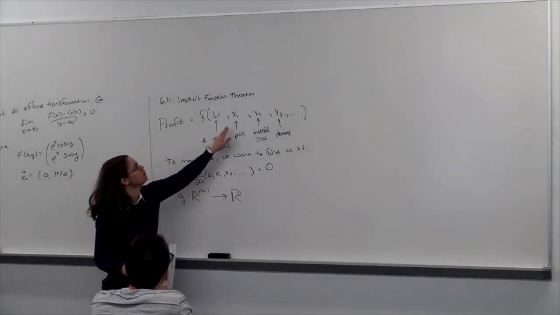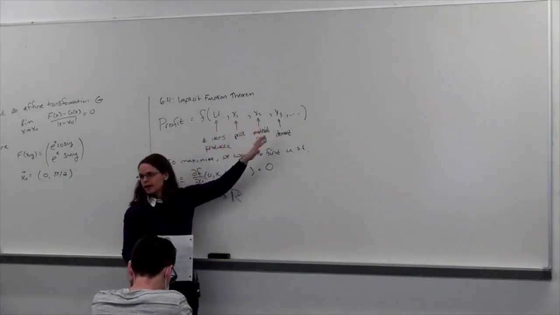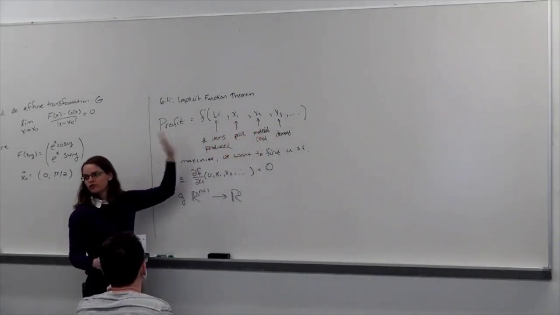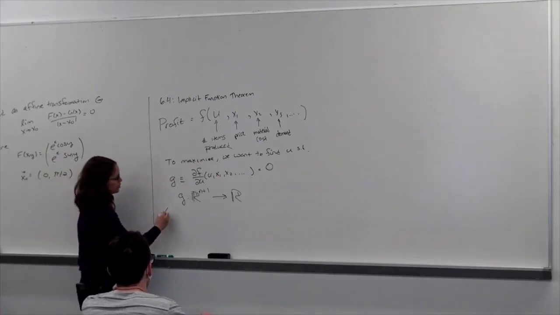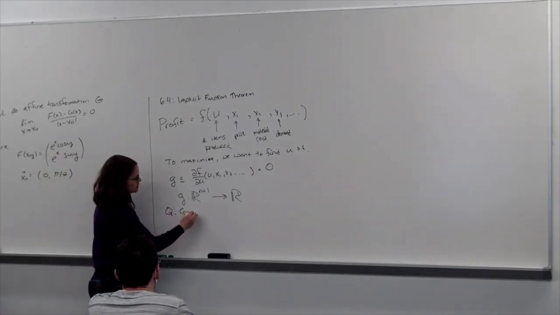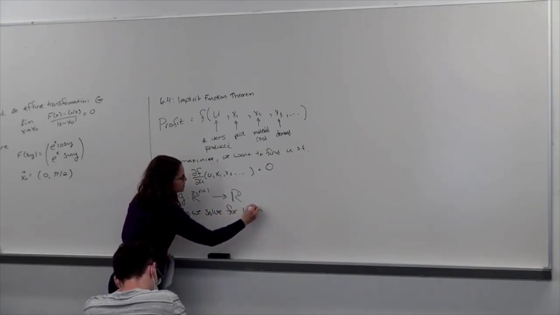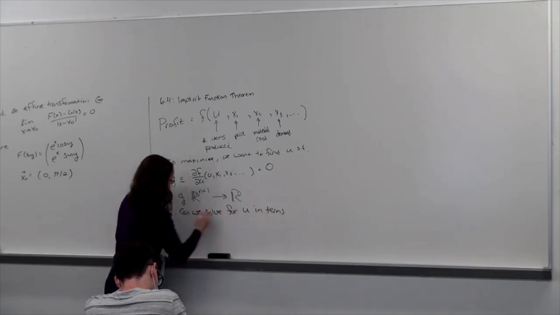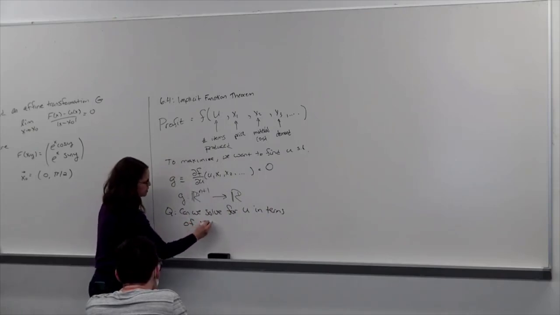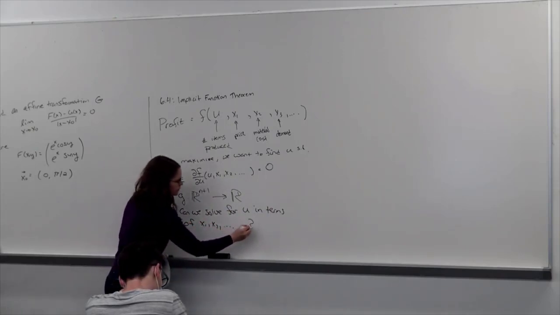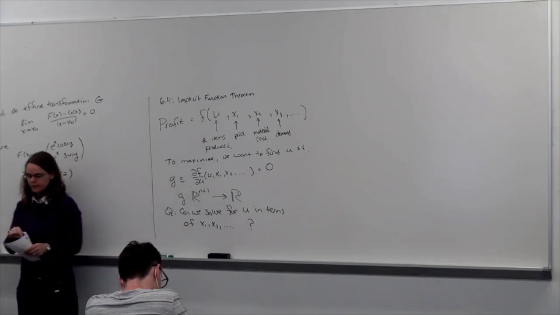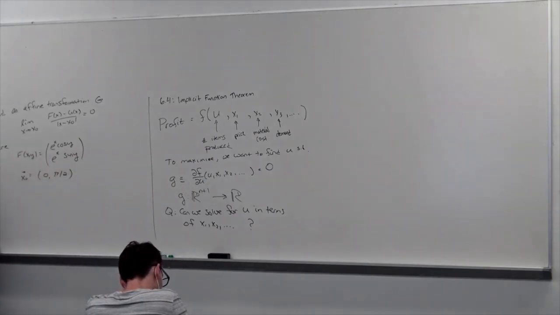So given that I know all of these things, which again may change over time, but I can figure out what they are, can I solve for u? So this is our question. Can we solve for u in terms of these other variables? And this is the question that the implicit function theorem seeks to answer.